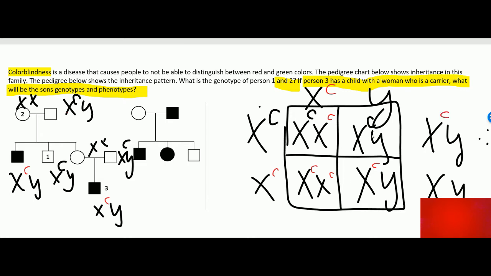So we have X uppercase C, Y, which is the normal allele, and this one has normal. And I'm just going to put N for normal, but you would have to write it out. And this one, because they have the lowercase c allele, is colorblind. So I'm just going to put CB for colorblind. So that's how you would approach this kind of problem. And that's it.